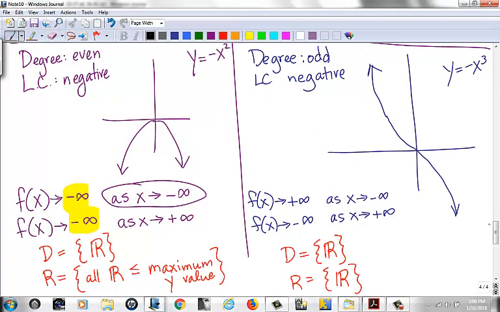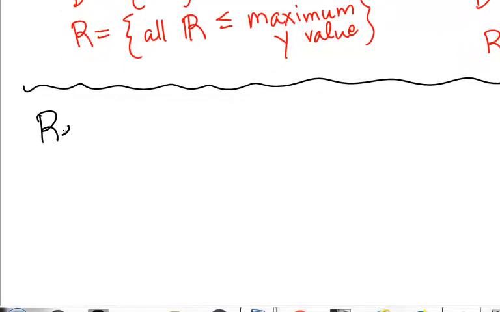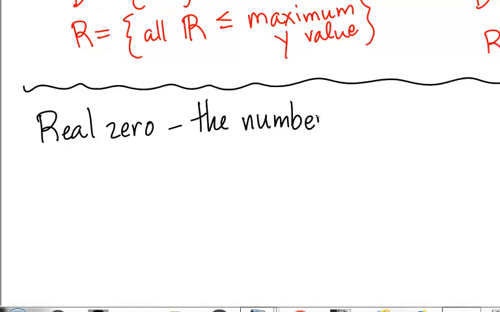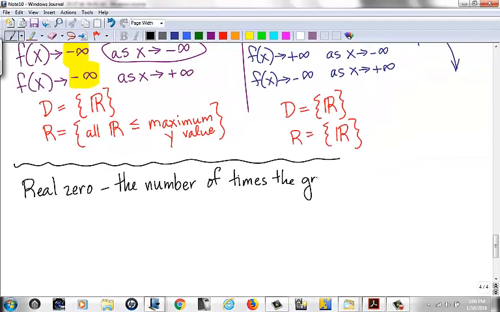Okay, the last part now. Be grateful you didn't have to read all this. Okay, real zeros. If they talk about the real zeros, it's the number of times the graph crosses the x-axis.